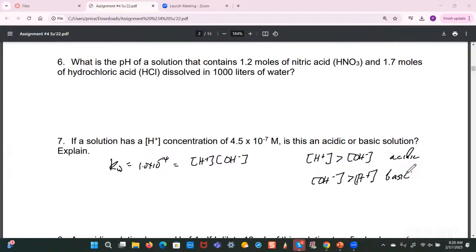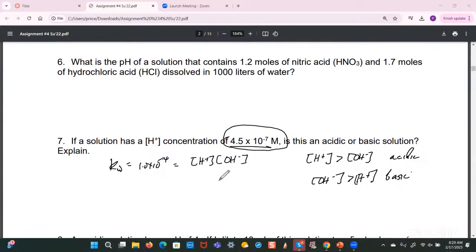So they gave you that the molarity of the H plus, the hydrogen ions, is 4.5 times 10 to the minus 7. So the question is, is this solution acidic or basic? Why do you say that? It's the concentration of H plus. I'm sorry? The concentration of H plus, the hydrogen ions, is higher than what?